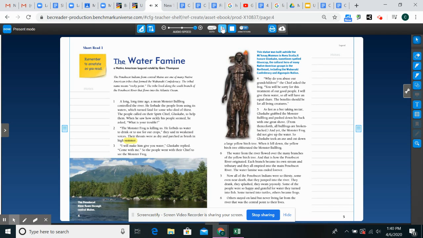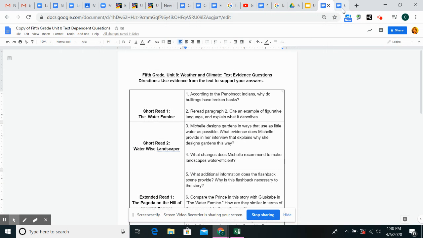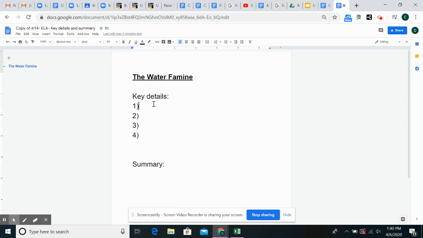Okay, so first, paragraph 1 tells the problem that the people are having. I'm going to write as a key detail right here, monster bullfrog forbade, which means to tell them that they cannot.